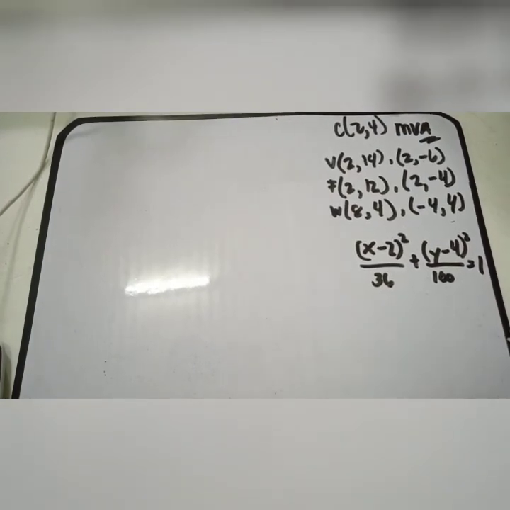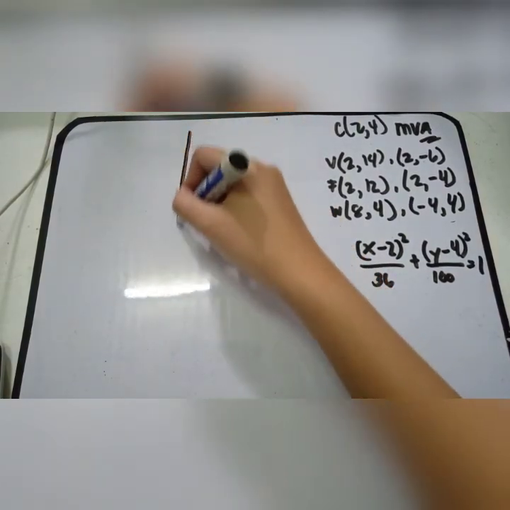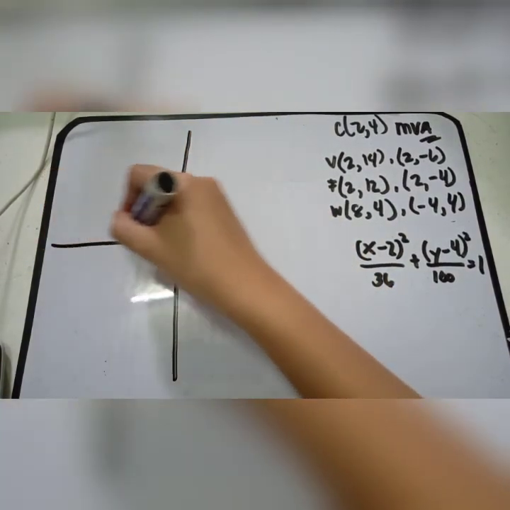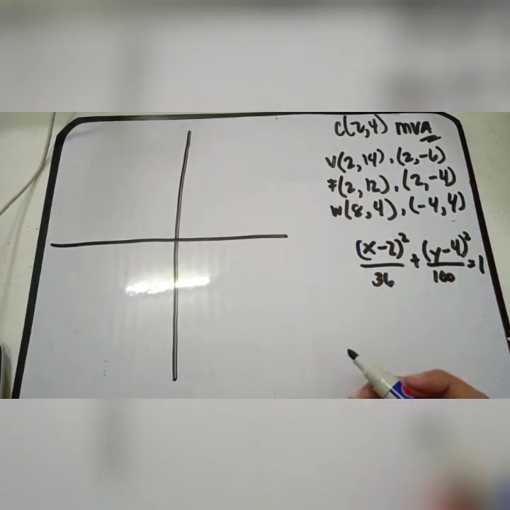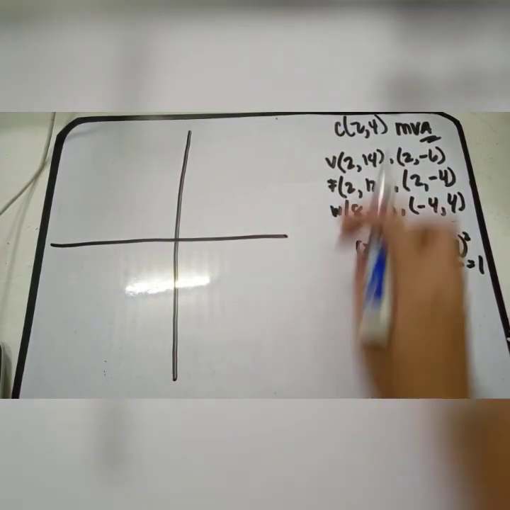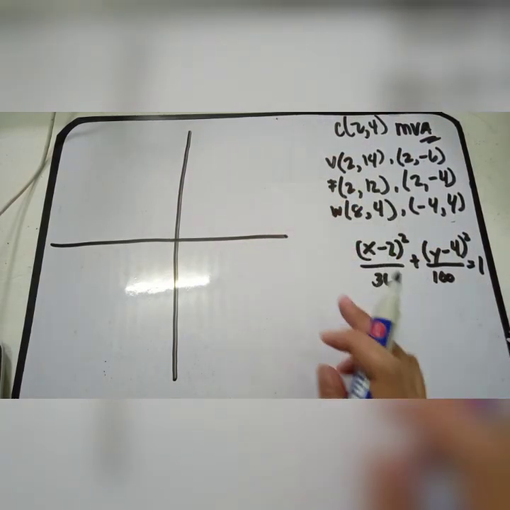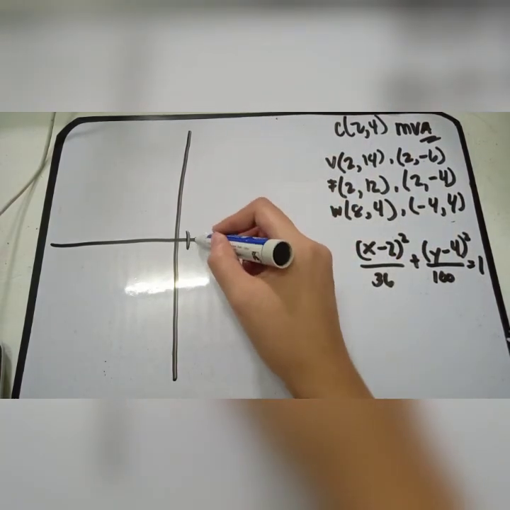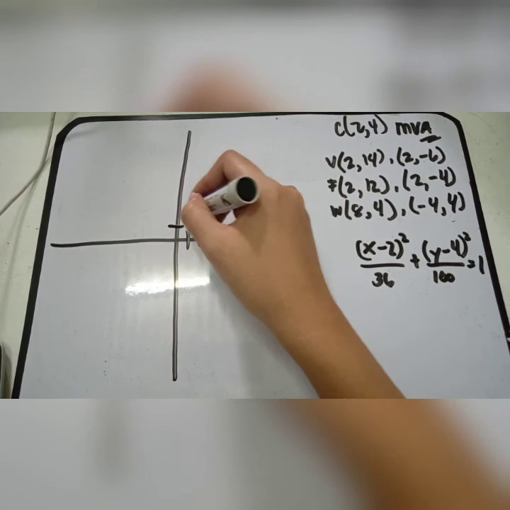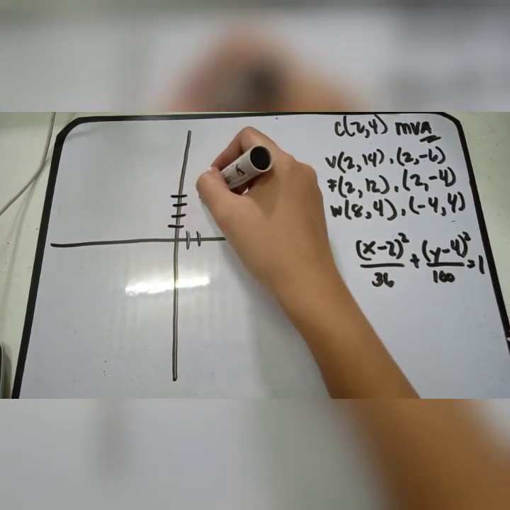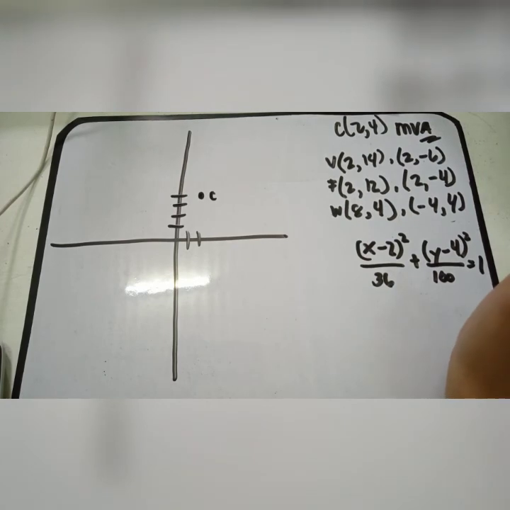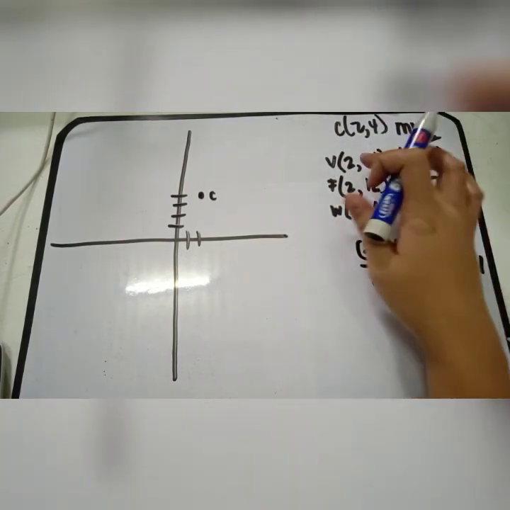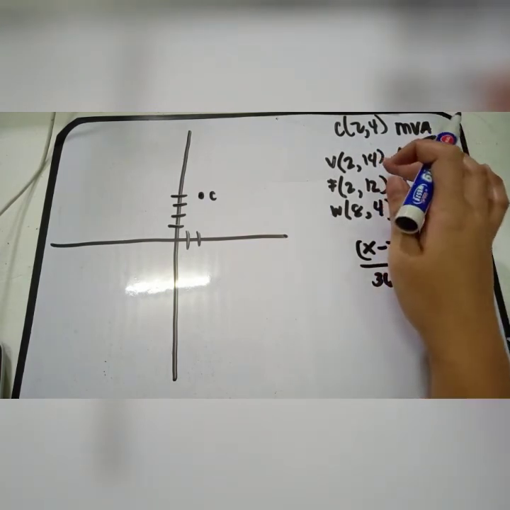Okay, let's plot. So, major vertical, so mas mahaba yung y-axis natin. So first, locate the center. So the center is 2, 4. So this is 2, 4. So 1, 2, 3, 4. It will be here. So this is your center. Next are the vertices. So vertex 1 first, 2, 14.